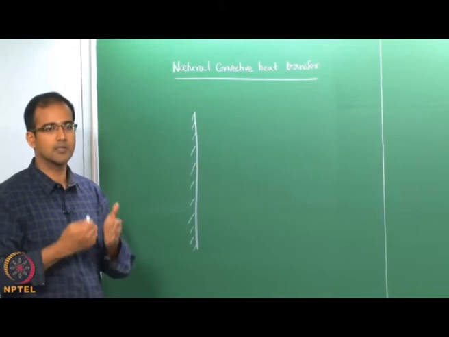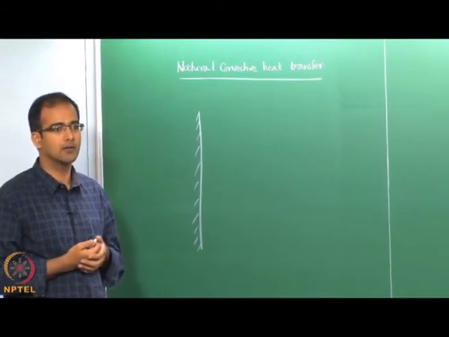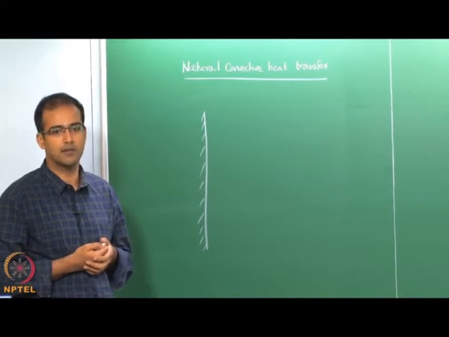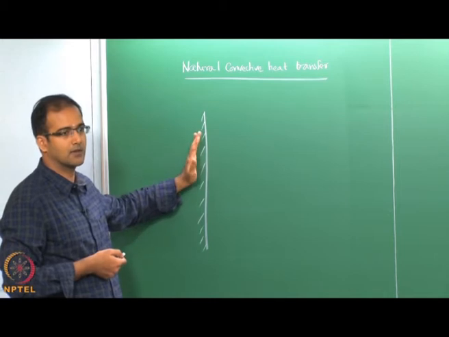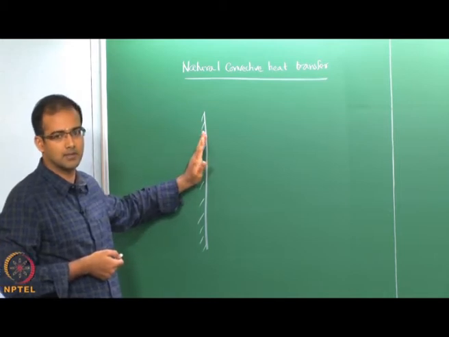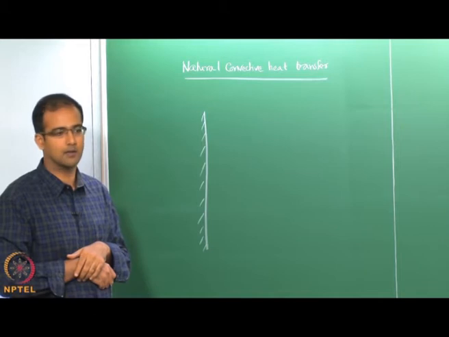Since you push the air by external means, you create a boundary layer, and we do not take into account the effect of gravity in those cases. But when we study natural convection, the effect of gravity becomes important. In fact, the buoyancy is the driving force here. So, it matters what the orientation of the particular configuration is.